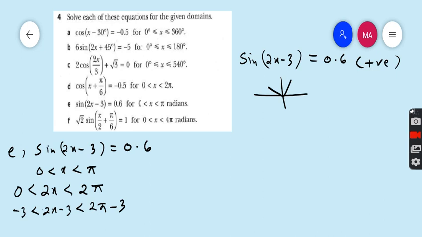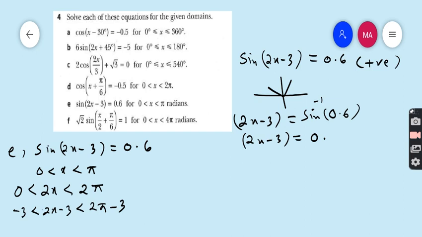So first, write 2x minus 3 is equal to sine inverse of 0.6. Sine inverse of 0.6 you can find from your calculator. It is 0.643, and this is the value which lies in the first quadrant.